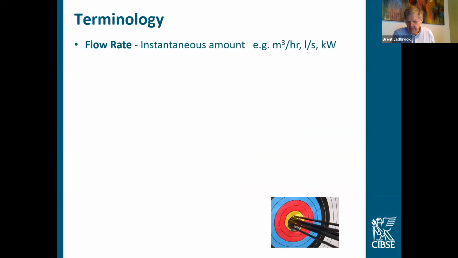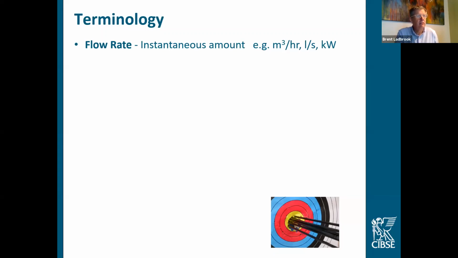Some terminology. I'll repeat this slide at the end of the presentation again, so if you don't get all of this straight away, that's okay, we'll go through it again. Sometimes there's some confusion about which is what, but flow rate is our instantaneous amount of flow, whether that be in liquid or in energy. So it's cubic meters per hour of water going through there.